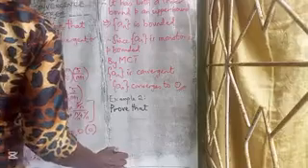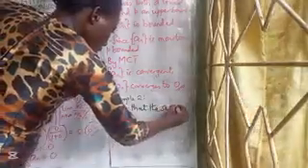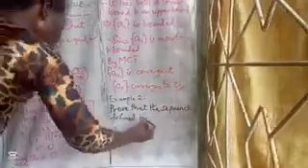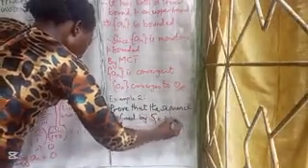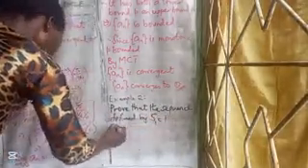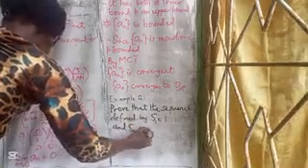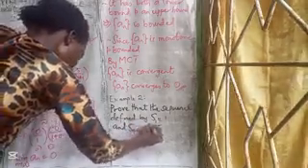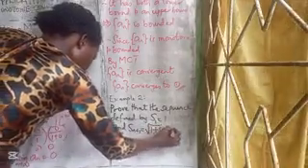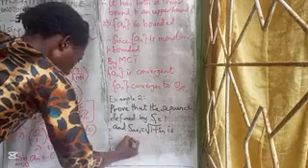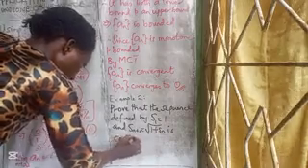Example 2: prove that the sequence defined by S1 equals 1 and S n plus 1 equals the square root of 1 plus S n is convergent.